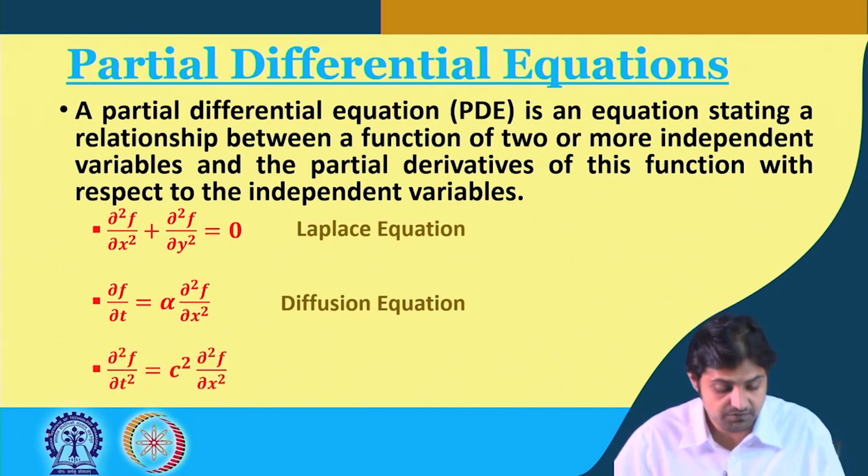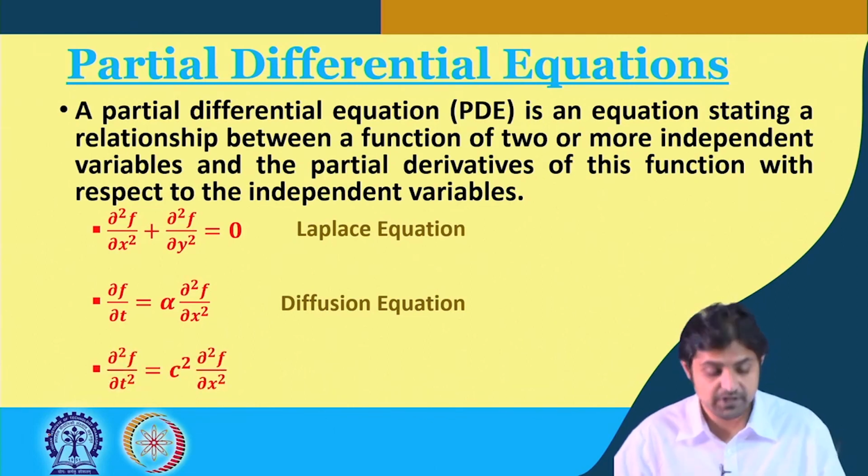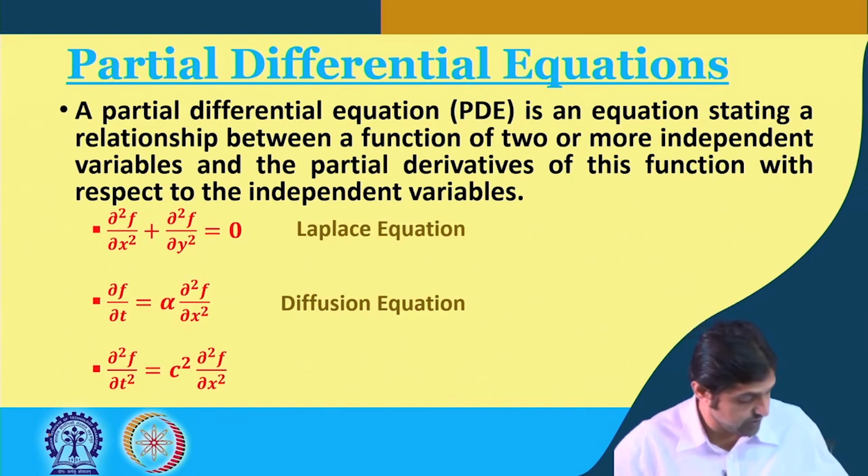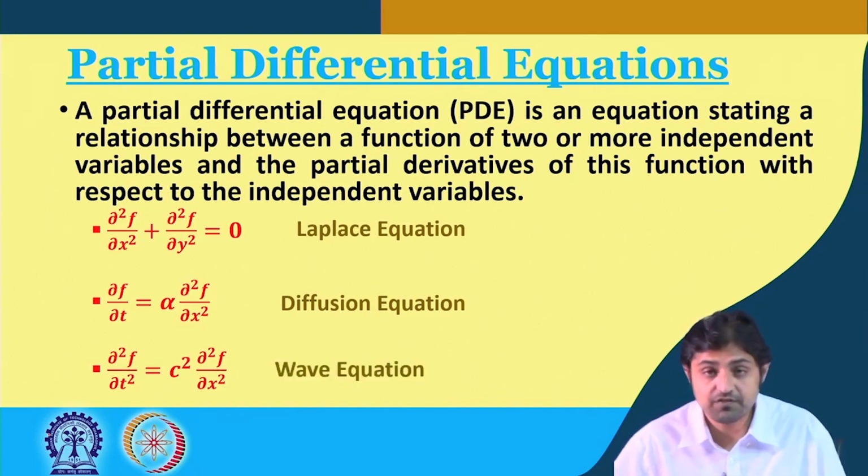The third equation which we have written is del square f by del t square is equal to c square del square f by del x square, and this equation is a wave equation. So these are the 3 most common types of equation in partial differential equations that we know.